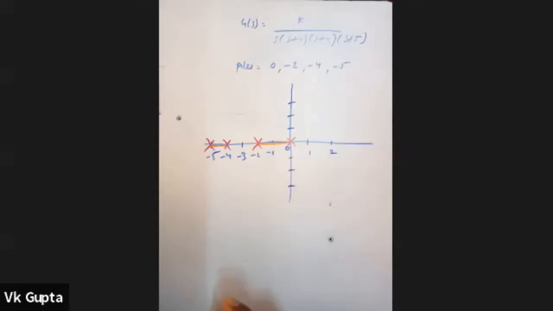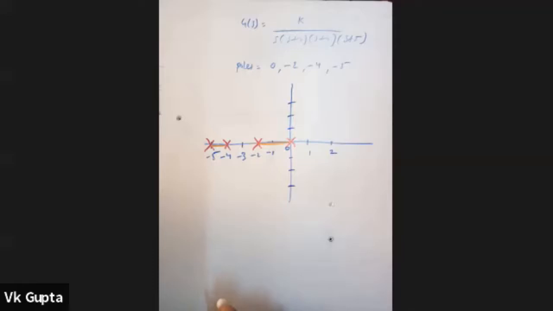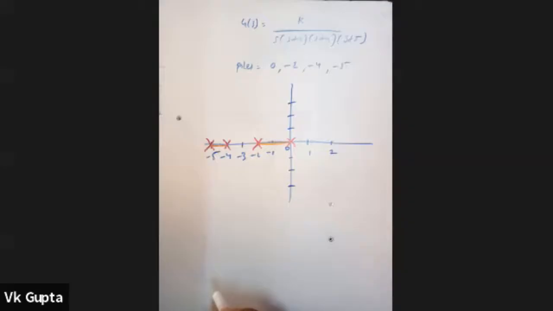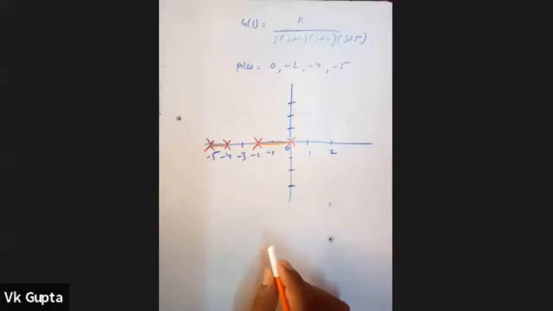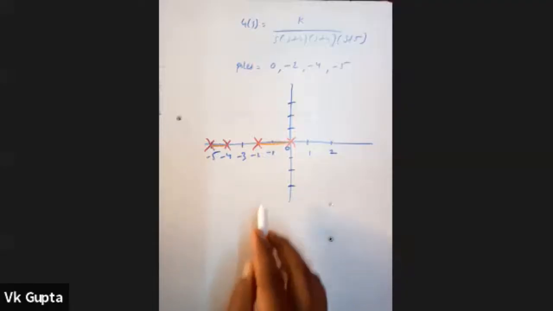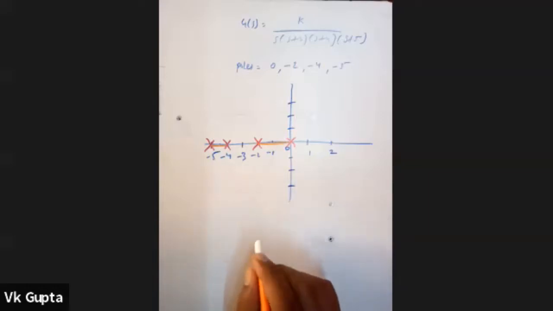Step number 4: all the 4 branches will terminate at infinity. We don't have any zero, so we require 4 asymptotes. So find out the angles.